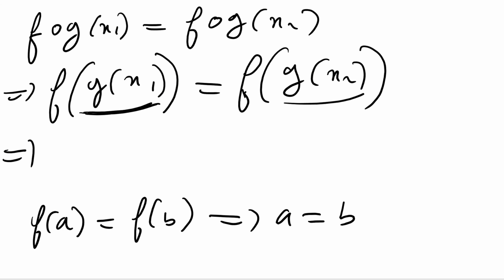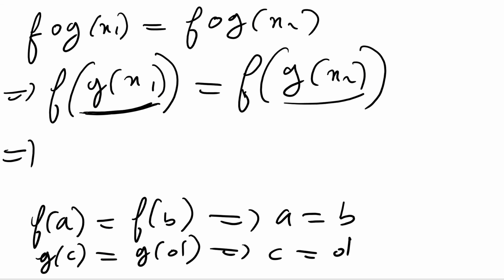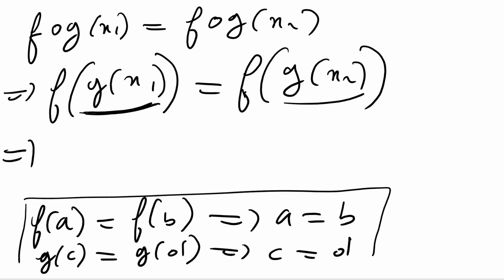Similarly, if g is one-to-one, that means g of c equal to g of d implies c equal to d. These are key concepts, because you assume that f and g are both one-to-one, so this is possible. So you can think of this as a and this as b in the function f.